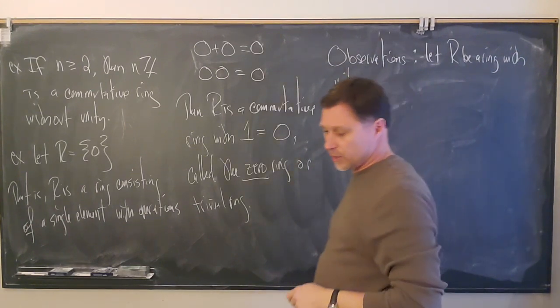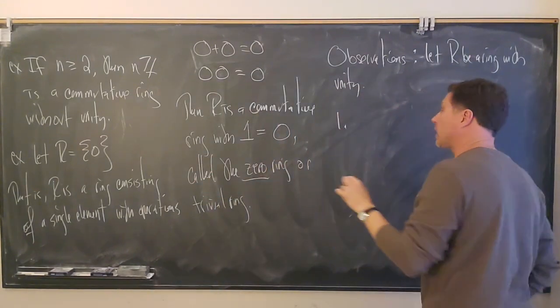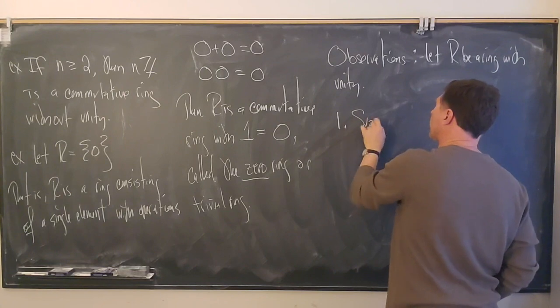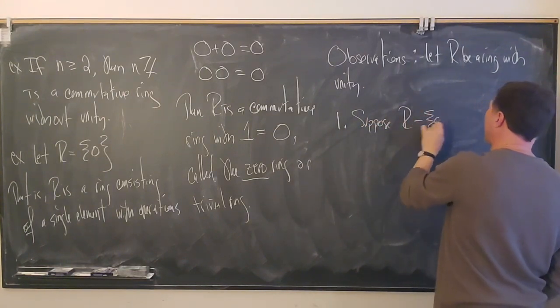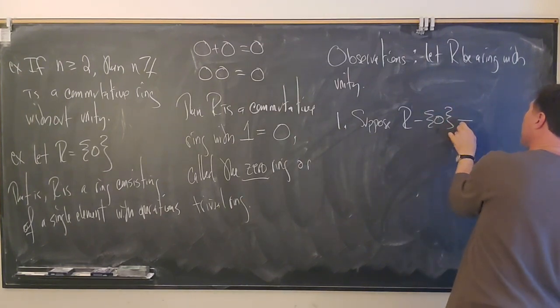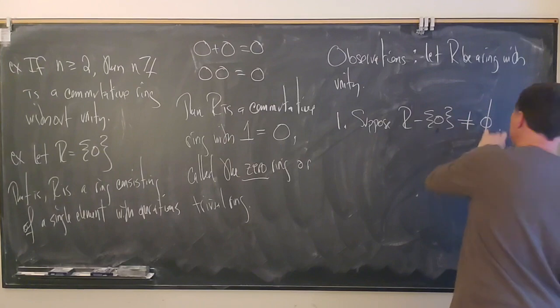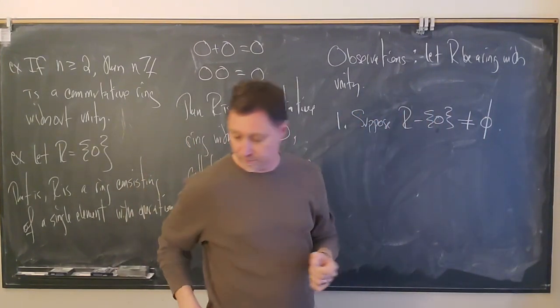Suppose that there's more than one element in our ring. It's always got to have an additive identity 0. So suppose R minus that element is non-empty. So there's somebody in our ring other than just the identity.